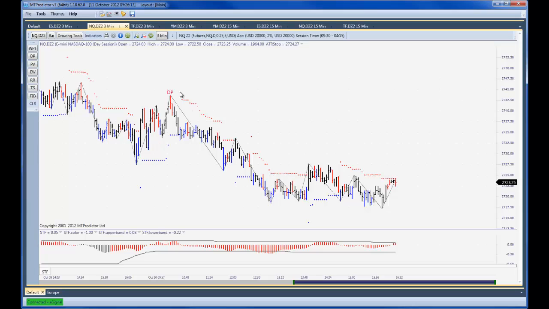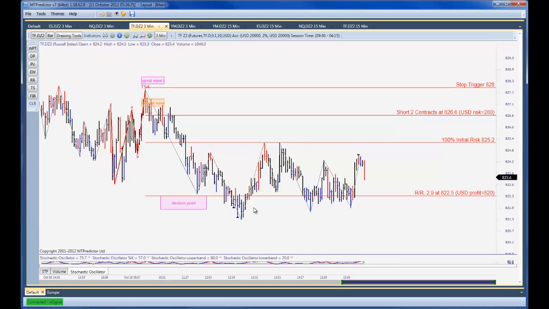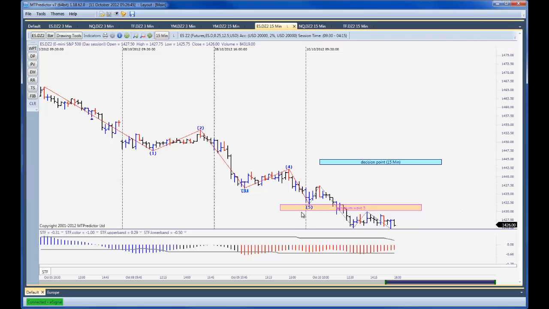There's also a nice short trade on the NQ, again standard trade management guidelines, red STF, and also on the Russell Index there was a nice TS4 sell into the low of the day. So there were other trades yesterday that did make some nice profits on the US E-minis, but I specifically wanted to do the video on this particular trade setup that failed, because I talked about it at the time, and I set it up using the larger degree time frame and this wave 5 low.